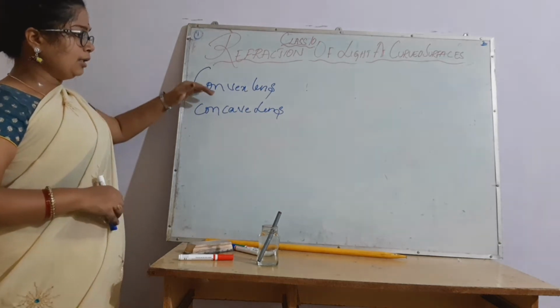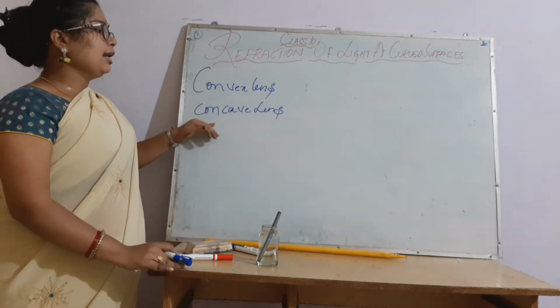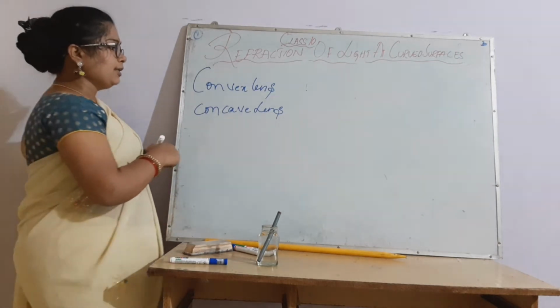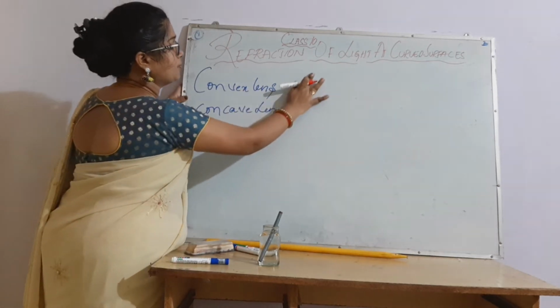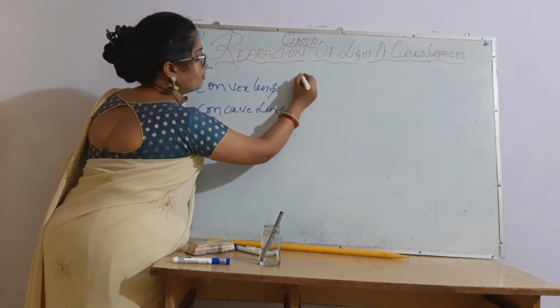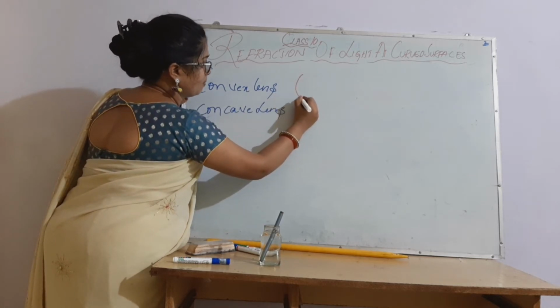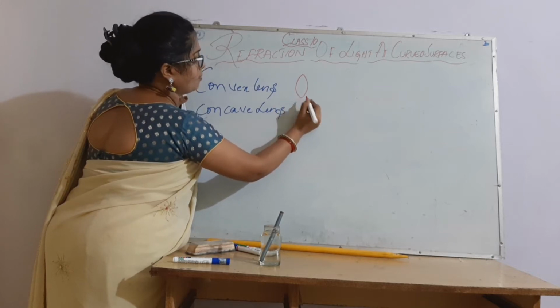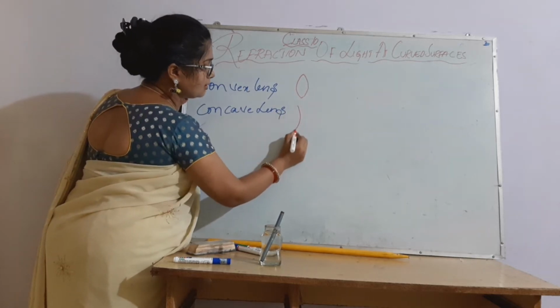So, what is this convex lens and what is this concave lens? The convex lens will be something like this. And the concave lens.